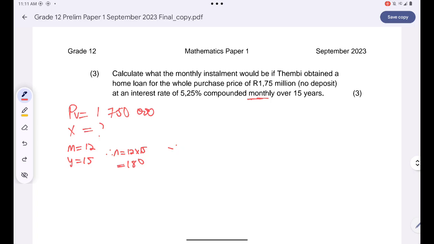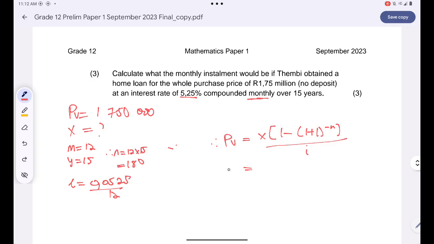Okay, and then what else do we have? Our interest is also 5.25%, which can be written as 0.0525 divided by 12. So therefore present value is equal to x times (1 minus (1 plus i) to the power of negative n) over i. I want to find the value of x.